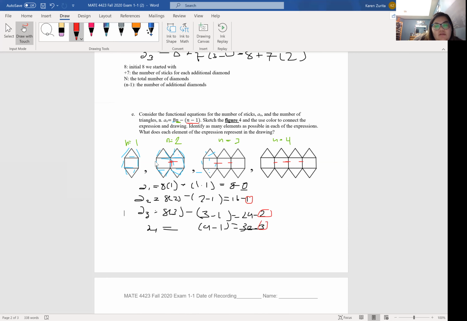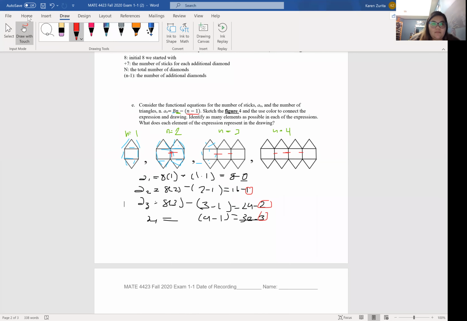So we can see that AN is 8 times the number of diamonds. 8 is the number of toothpicks for every diamond. N is the number of diamonds.